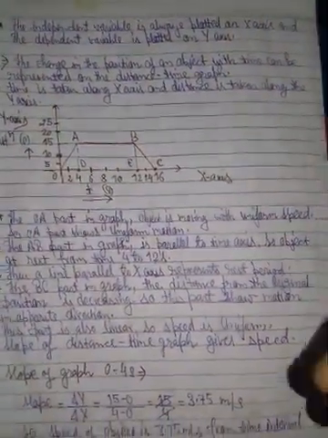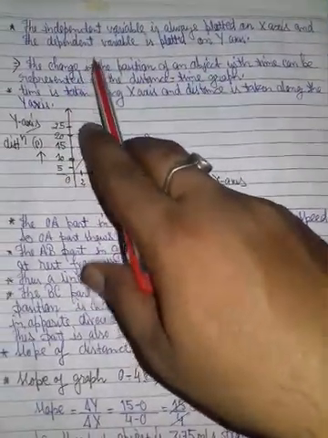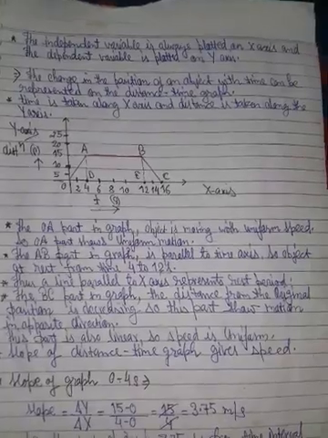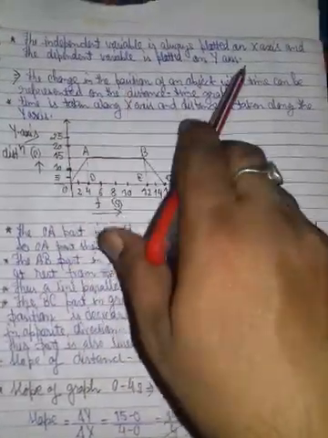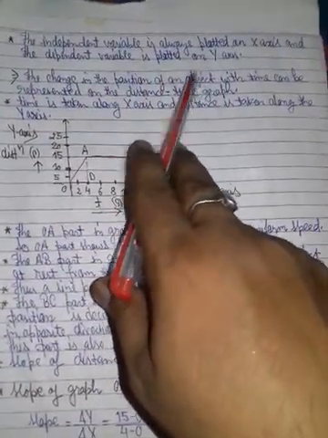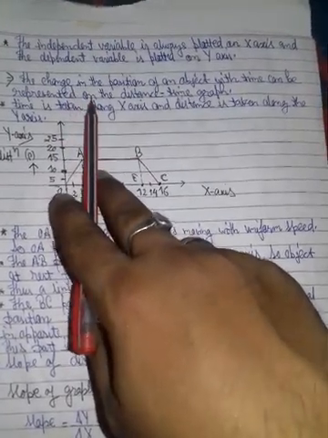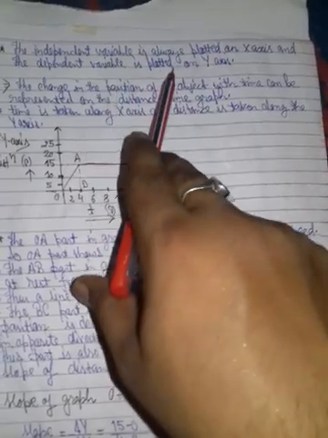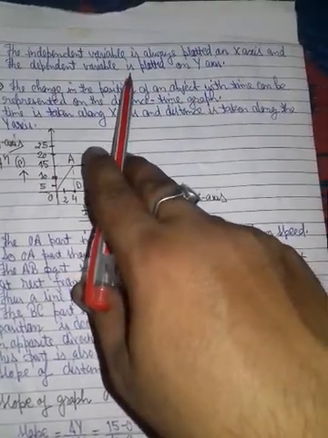There are two types of variables: dependent and independent variables. The time-independent variable is plotted on the x-axis and the dependent variable on the y-axis.